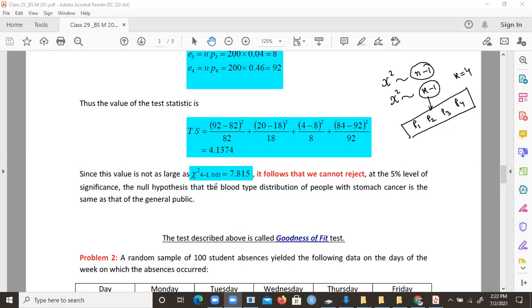Therefore, I am going to accept my null hypothesis, and my conclusion will be that the blood type distribution of people with stomach cancer is the same as that of the general public. So there is some sort of relationship between the existing blood types and stomach cancer. Remember, in the population there are various types of people.